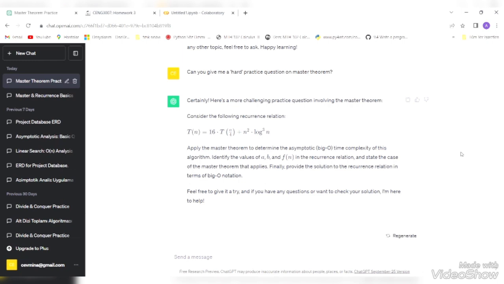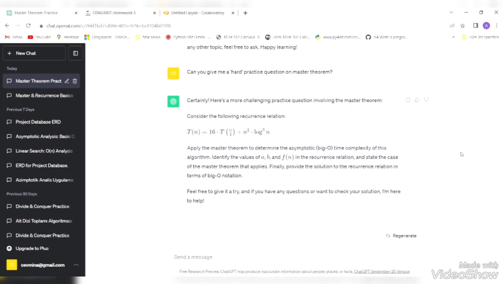I am dividing the problem into 16 smaller subproblems, each dealing with a quarter of the original size. At each step, there is some extra work involved, and this extra work is proportional to n squared log 3n. The key question is how the total work grows as the problem size increases. It turns out that the growth is dominated by the term n squared log 3n.